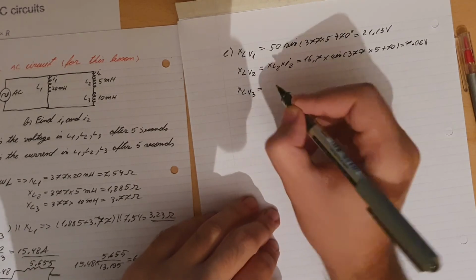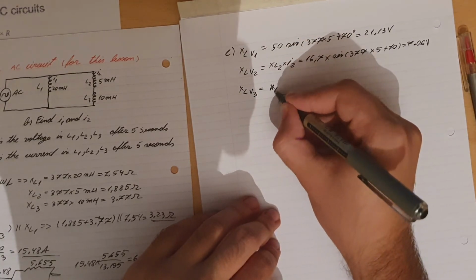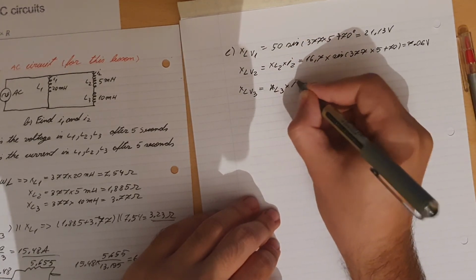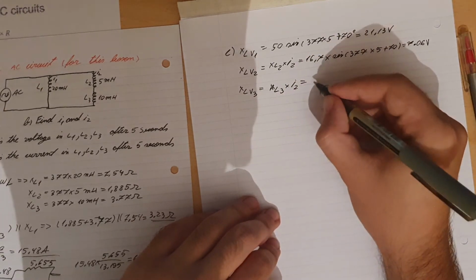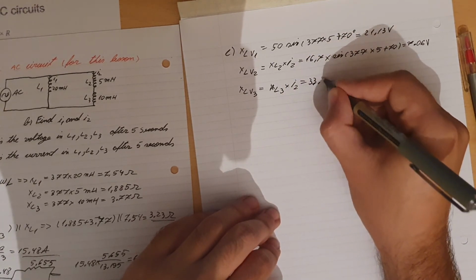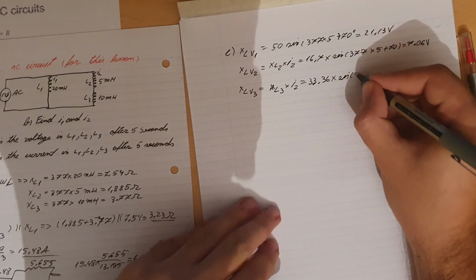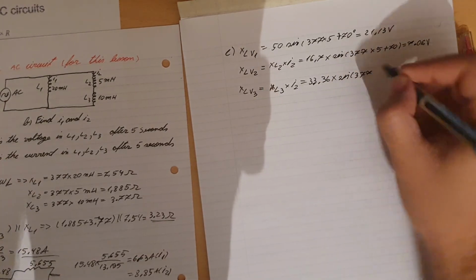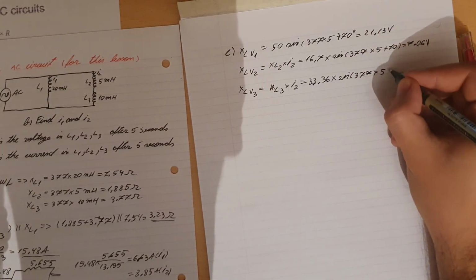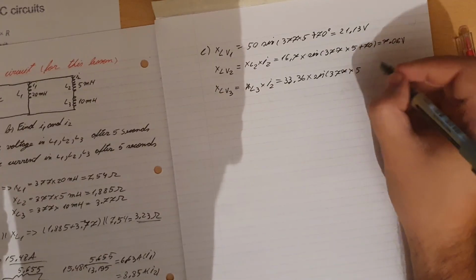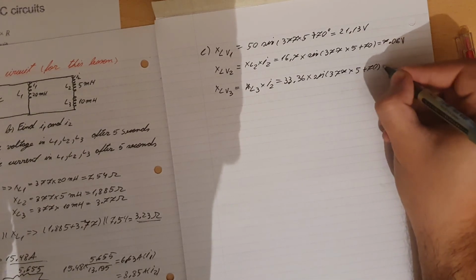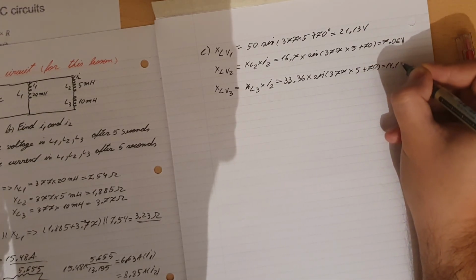XLV3 will be equal with XL3 times I2, that one will be equal with 33.36 times sine of 377 times 5 seconds plus 70, that's equal with 14.1.